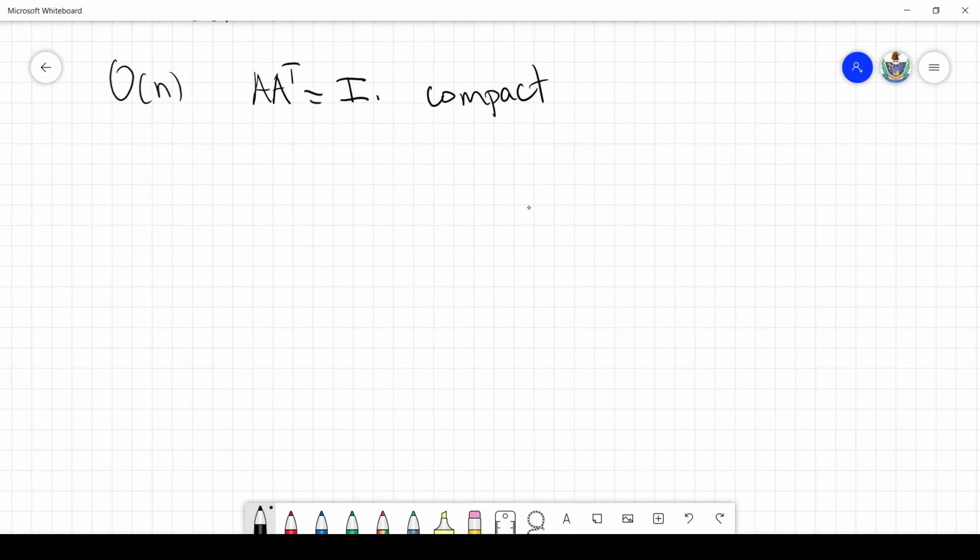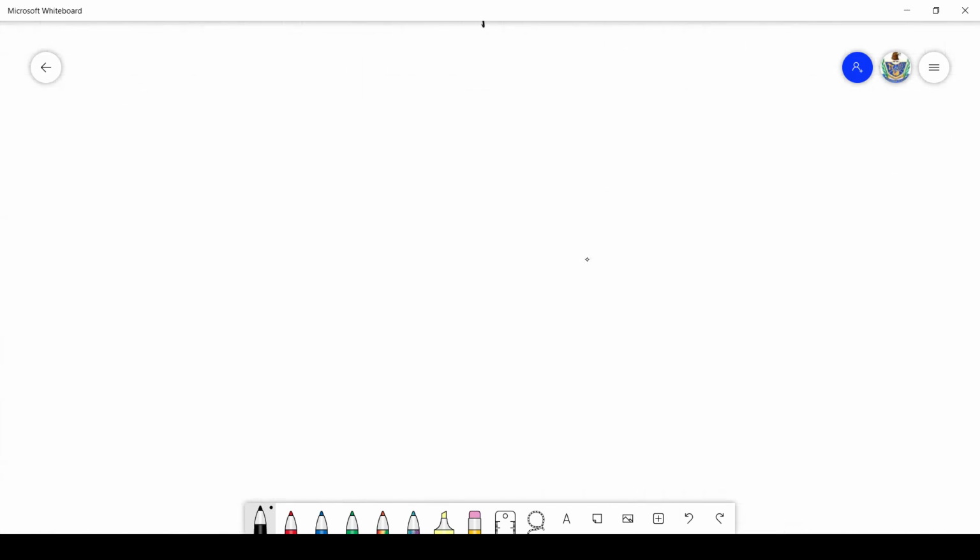All right. Finally, our last example for this video is that of projective space. And so this is sort of an example which seems weird and maybe unimportant at first.